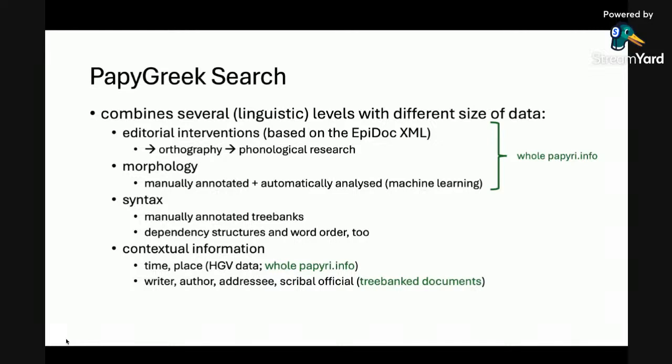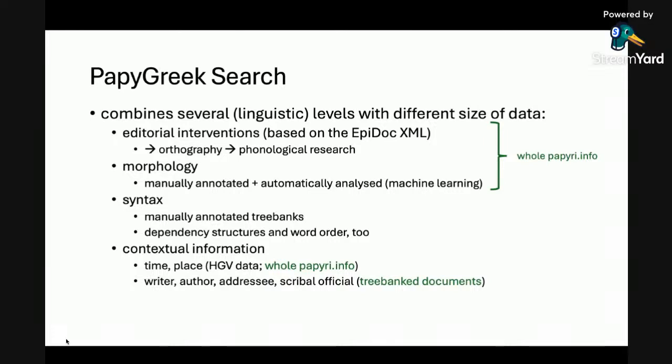And then if we go to syntax, we only have the manually annotated Treebanks. So that's a much smaller set of data. But there you can search for dependency structures and word order and many other aspects. There is also the possibility to use the contextual information, the metadata, so the time and place taken from papyri.info.